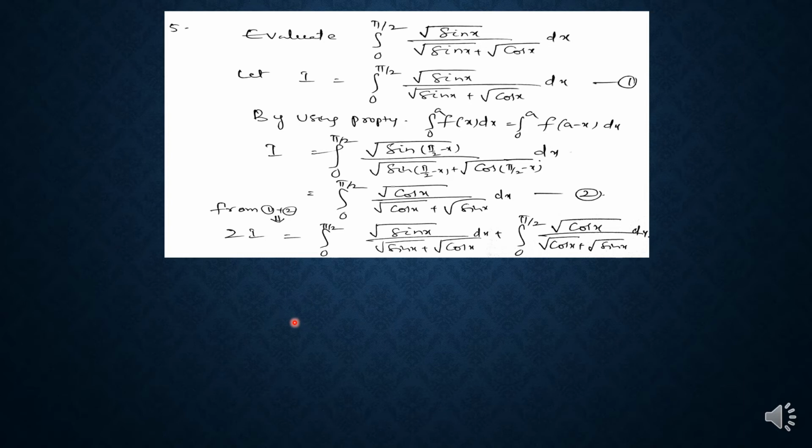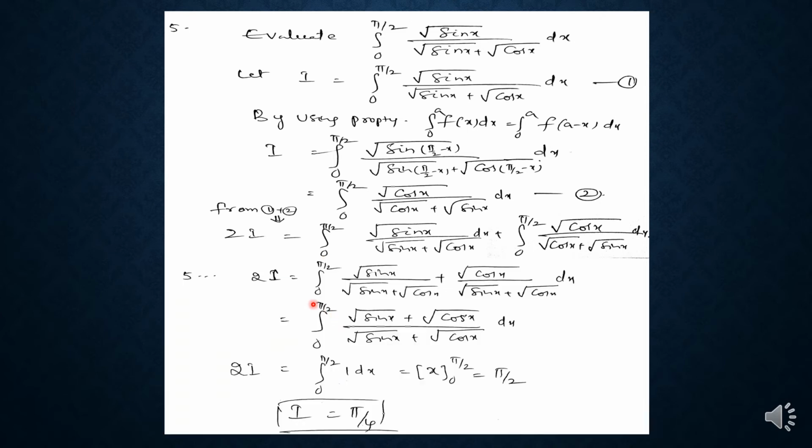So we can write it as a single fraction, so that is 2I is equal to integral 0 to pi by 2 root sin x by root sin x plus root cos x plus root cos x by root sin x plus root cos x dx. Here the denominators are equal, so that is root sin x plus root cos x, numerators root sin x plus root cos x dx. By adding the numerators we will get like this.